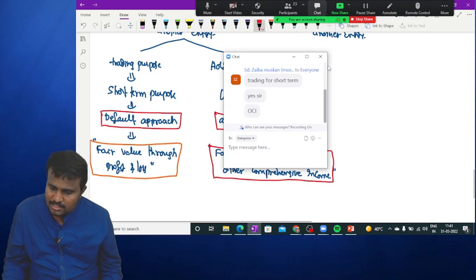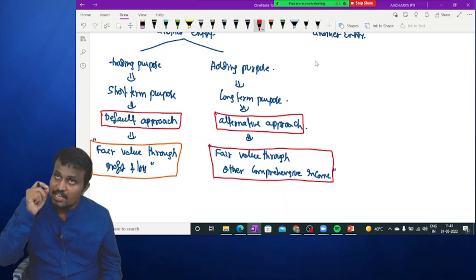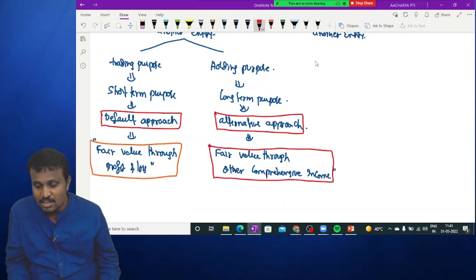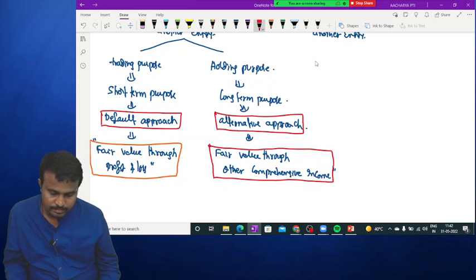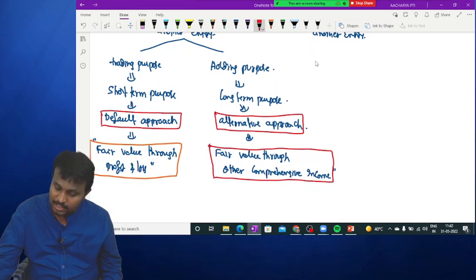Yes, sir. Initially at the time of revaluation, in the year of creating the revaluation surplus, we need to disclose it in the profit and loss through another account, if you remember. Which account? Other comprehensive income.